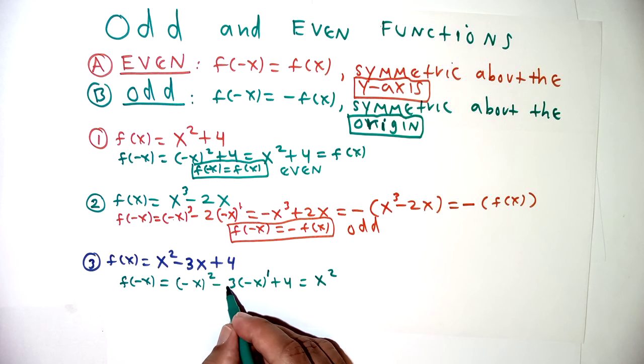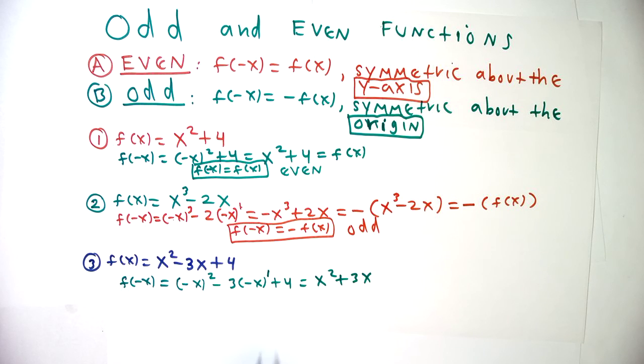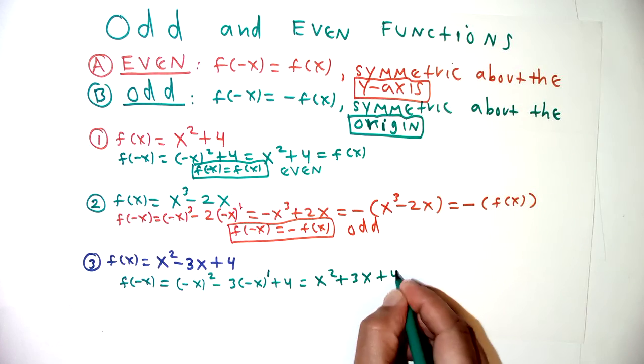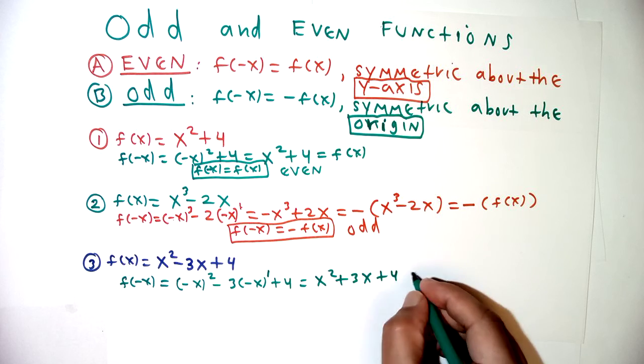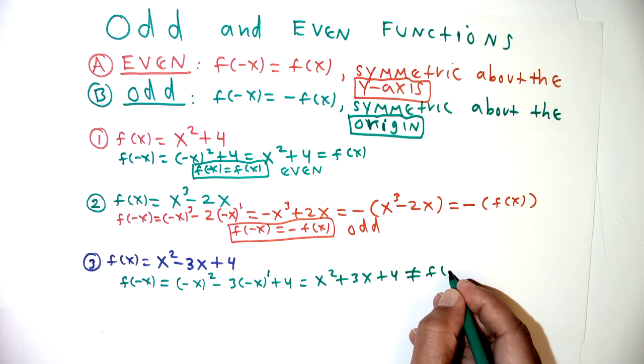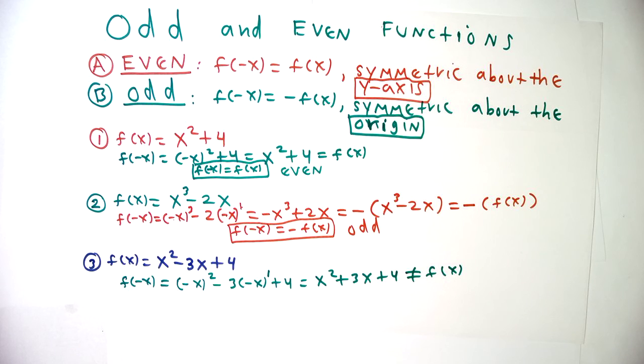But since you have a minus outside, when you multiply you get positive 3x, and obviously the 4 stays the same because that's the constant there. And now by looking at it, is this the original here? This is not the original, so you know it's not equal to f of x. So you know it's not even.